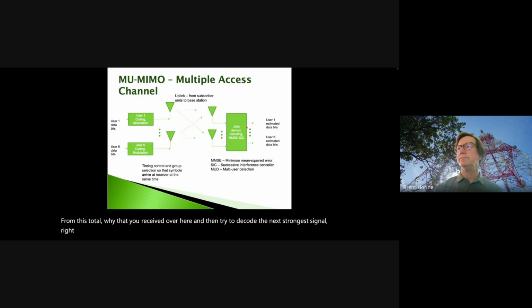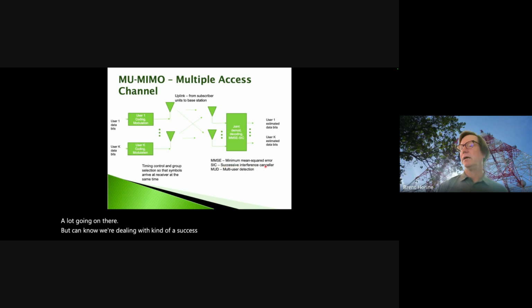So a lot going on there, but we're dealing with a successive, or iterative, type of process here, right? So we end up being able to support multiple users over multiple channels at the same time, right? So multiple paths, a diversity of paths.